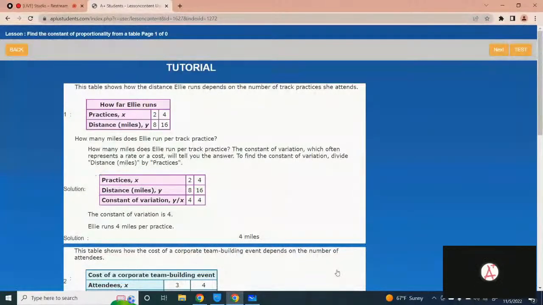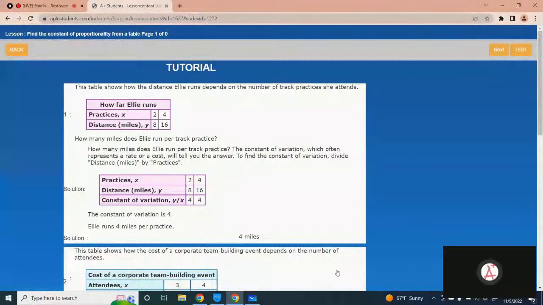Got it? The practices are 2 and the distance is 8, then you have 4 practices and the distance is 16. You have to find the constant of variation.